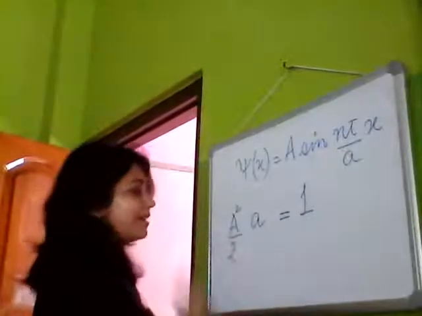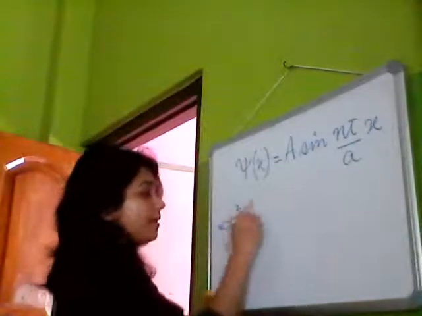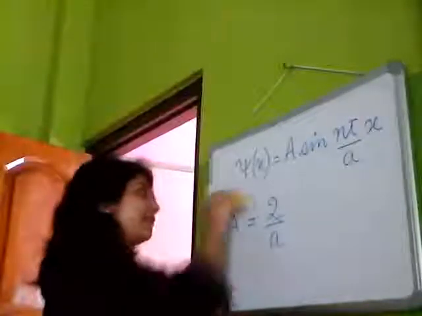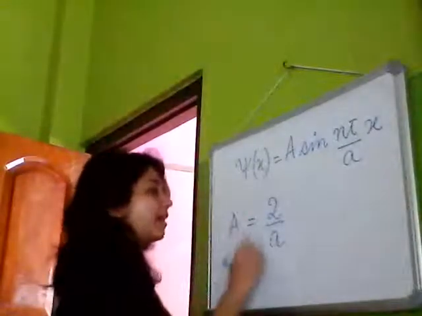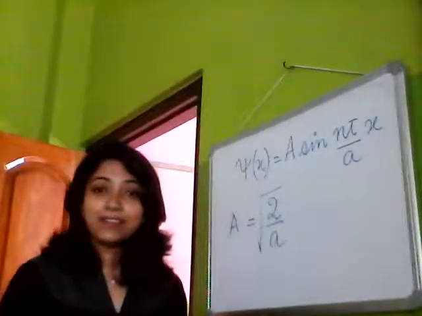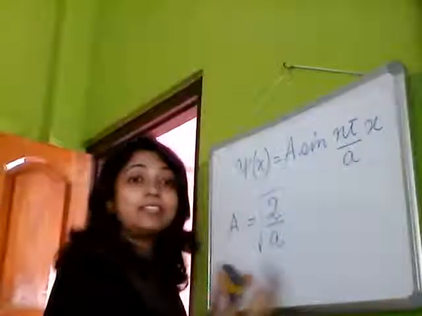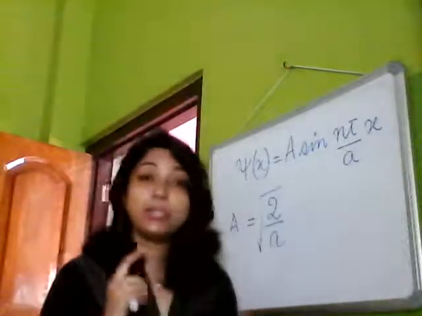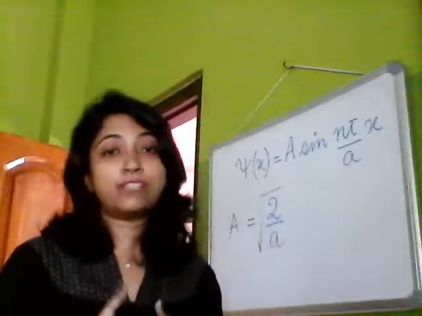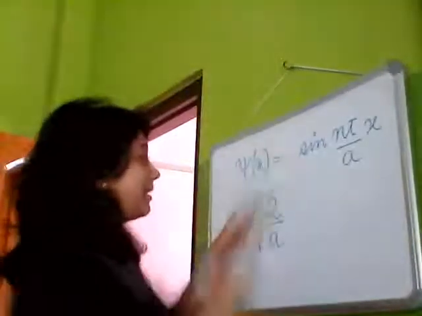So from here, can I not write a square as 2 by a, or the value of a as under root 2 by a? Got me? Fine. So here we are. Initially, we began with the unknown value of a, but by using the normalization condition, we have received the value of this constant amplitude a as root 2 by a.